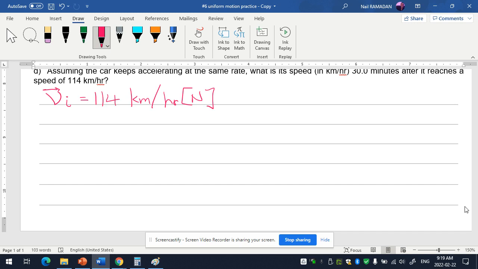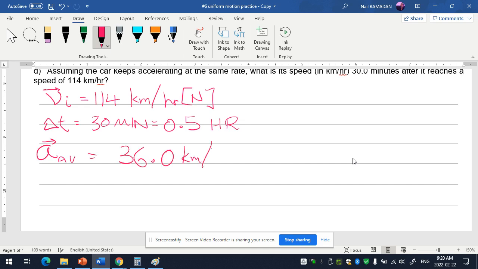But it needs to be converted to hours. So delta t equals 30 minutes, which is equal to, I don't really care if you write it as half or 0.5. Let's do 0.5 hour. And I'm telling you, it's keeping the same acceleration. So A is still 36 kilometers per hour squared north.